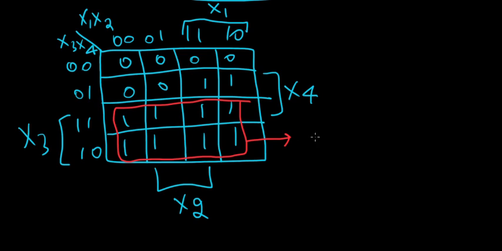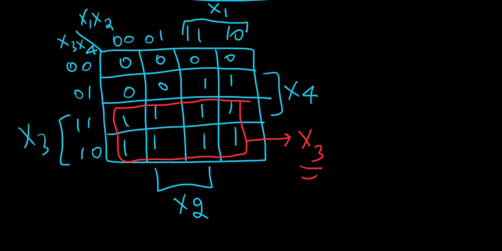For now you can see the expression is the least amount of terms you can use, instead of joining them in 2s or 4s or this row. So what does this actually give you? This gives you a very nice x3, and that's it, because that's the only variable that doesn't change. x2 changes, x4 changes, x1 changes, x3 doesn't. So that whole bunch of ones gives you an x3.